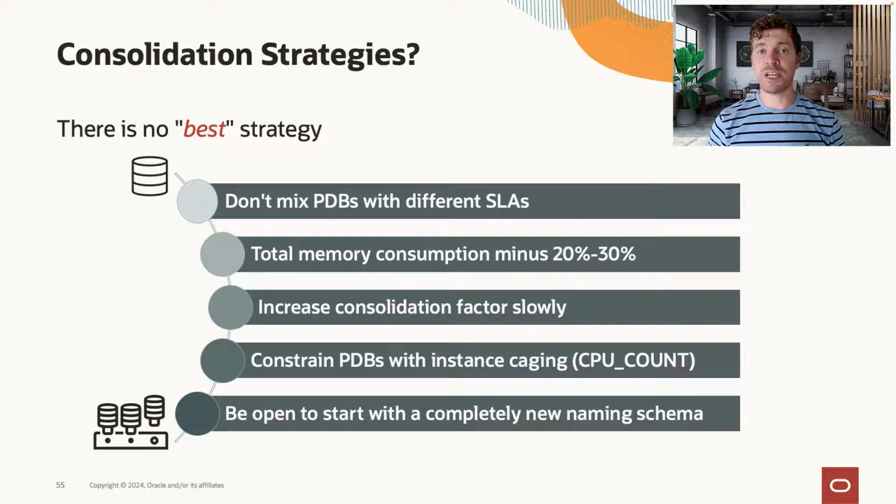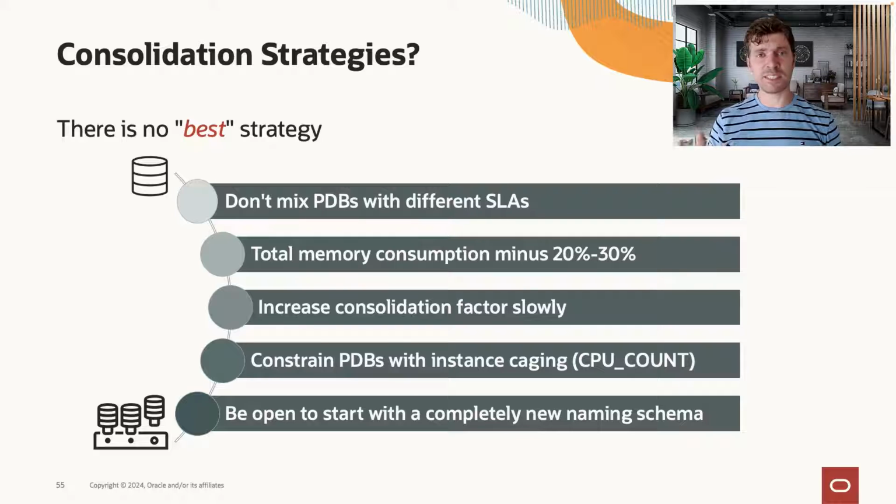Talking about consolidation strategies, what we recommend here is don't mix PDBs with different SLAs on the same CDB. What do I mean by that? For example, don't mix production with dev environments on the same CDB. Usually they have different requirements regarding SLAs. And also don't mix PDBs that have a different maintenance window day.